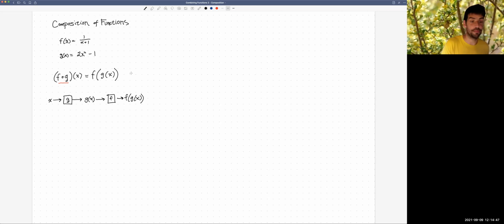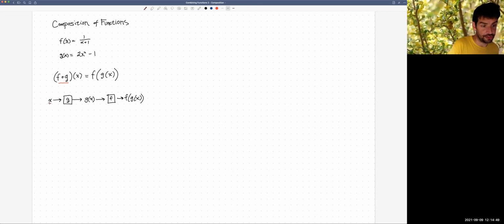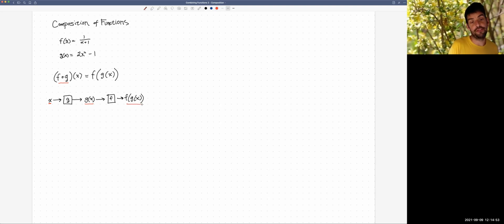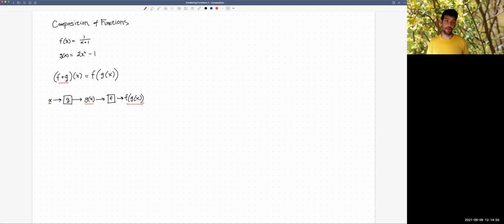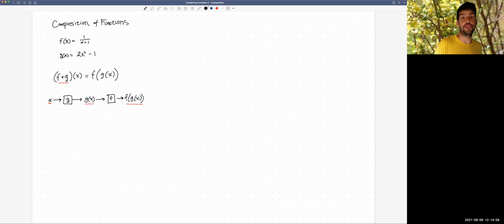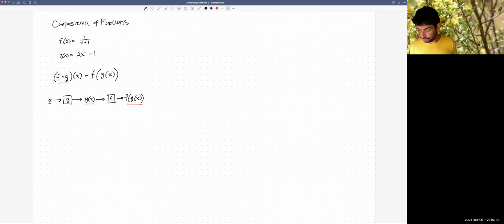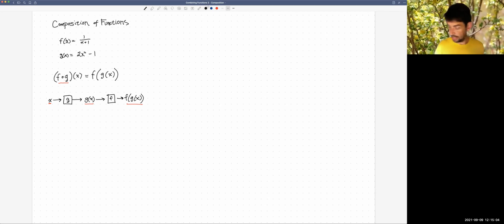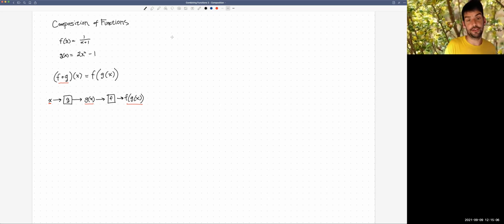Right, it takes that number. So just notice this is a number, we get a new number spitting out, put that into f, f takes that new number and spits out another number. So let's do this for a couple of values. So let's take f of g of x at 2 for the functions as I've given them.